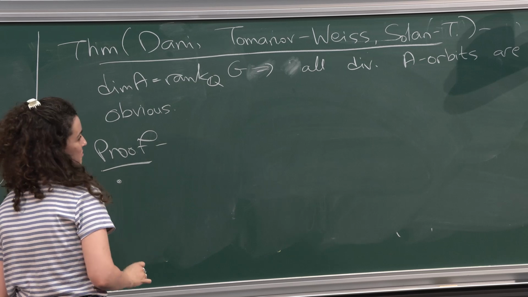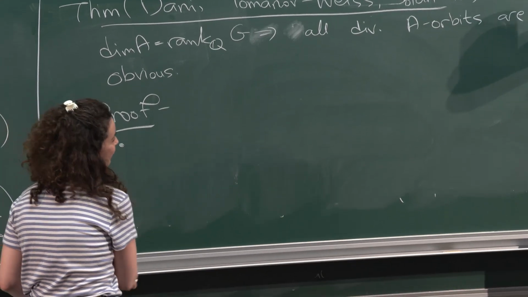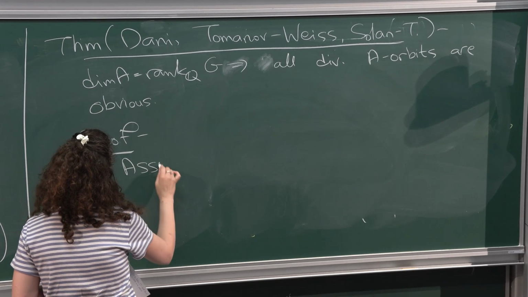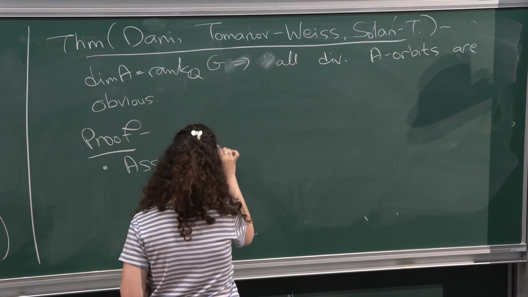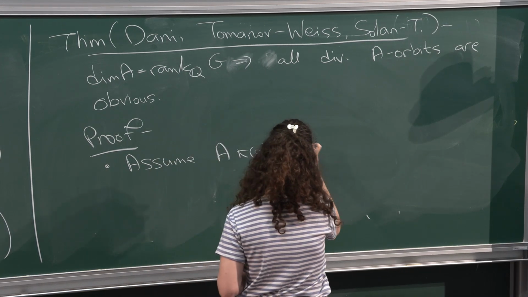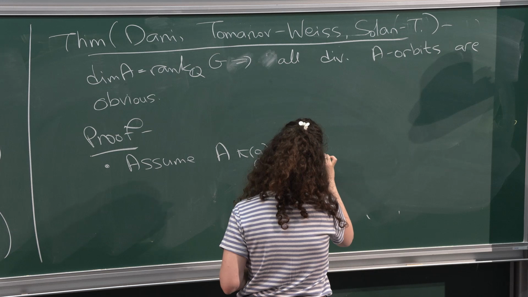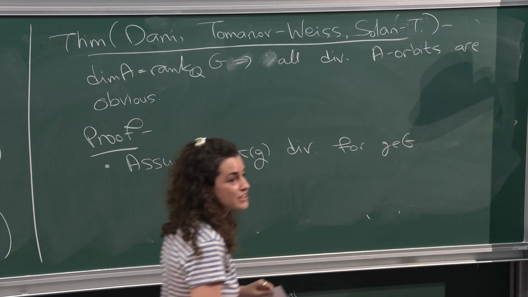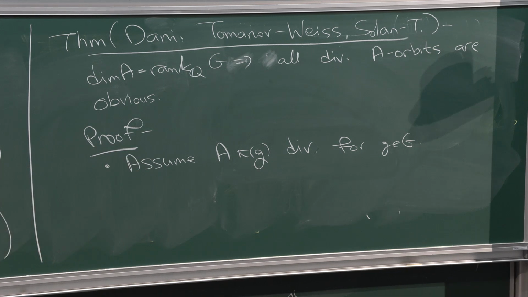So we start as many other proofs start. We want to assume that Aπg diverges, that we have some point g in G that diverges, and we want to show that this is an obvious divergent trajectory.